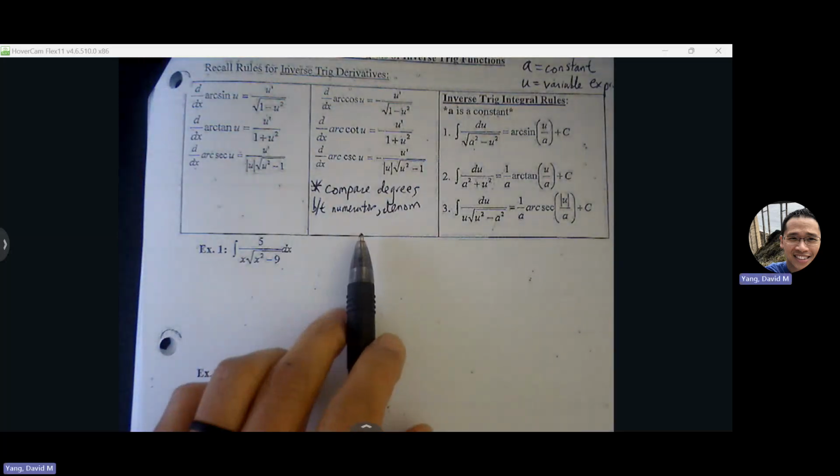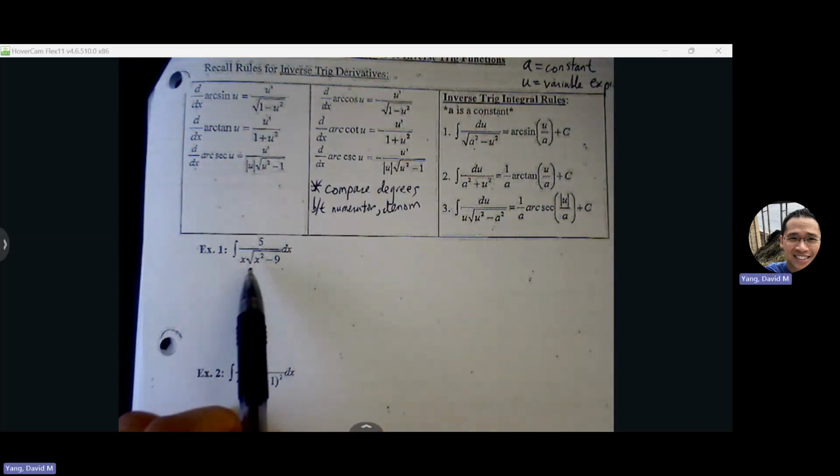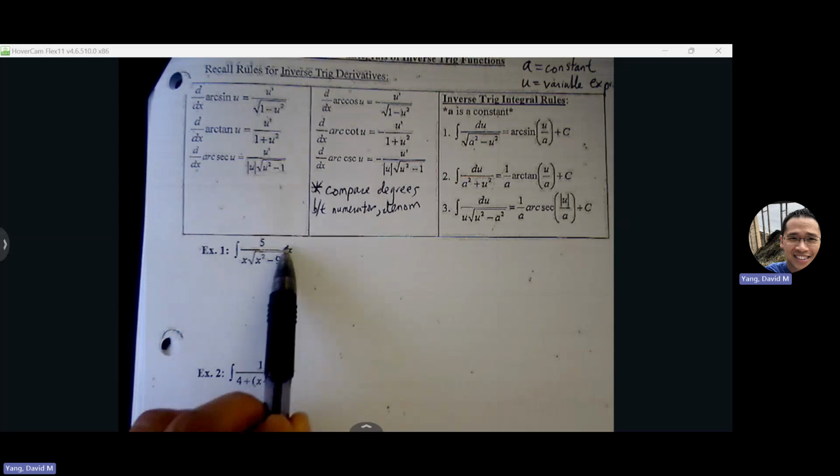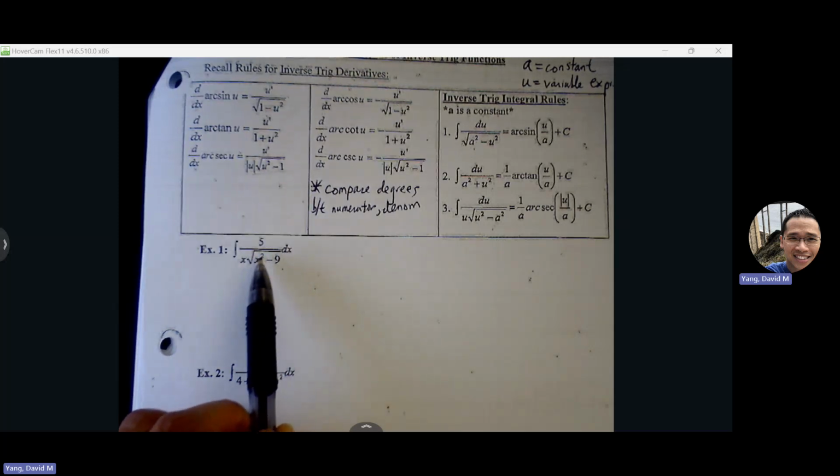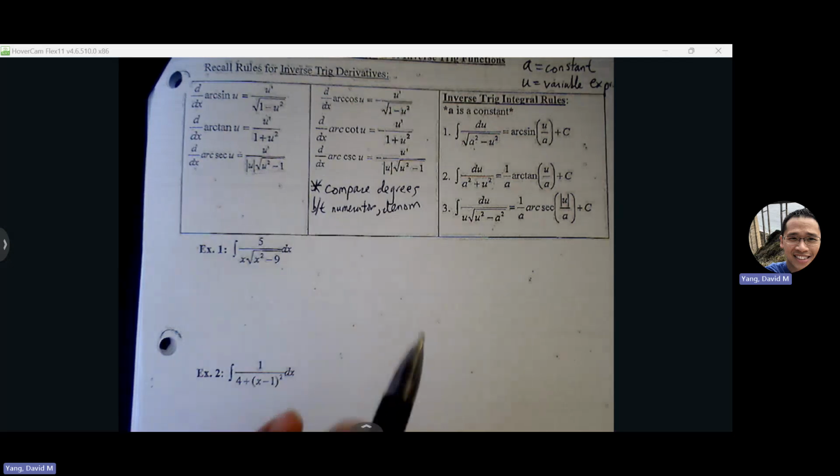And the thing that gives it away is that your denominator degree, don't worry about the square root, just look at the degree, is going to be 2 or more than your numerator.